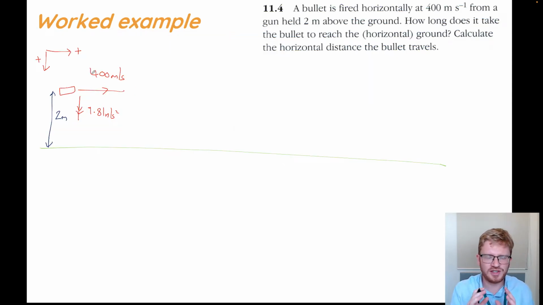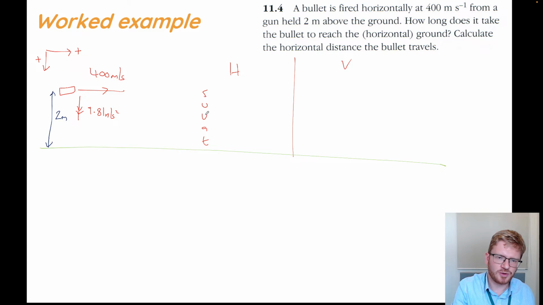So the way that we can deal with any of these problems is I'm just going to split it into the horizontal component and the vertical component. So I've got my horizontal over here, and I'll do my vertical over here. And in both these cases, I can look at my SUVAT equations. When you do your V, by the way, try and make it a nice sharp V like that, so it's really clear that that's a V.